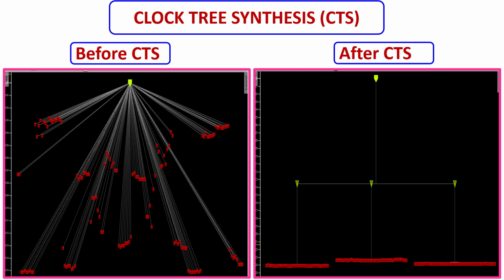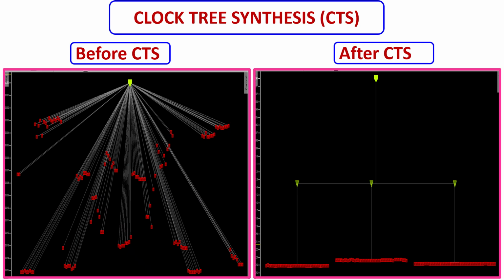Clock skew is the difference in clock arrival time between two flip-flops. If skew is high, setup failure and hold violation occur. CTS minimizes skew. And clock latency is the time taken from the clock source to reach the flip-flop.